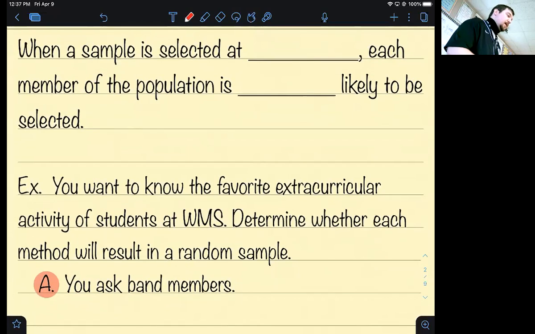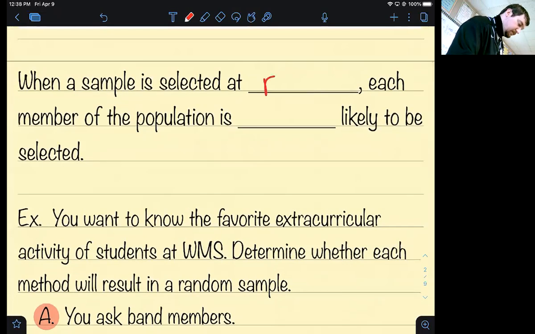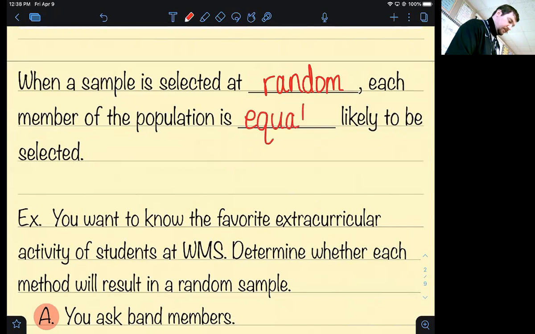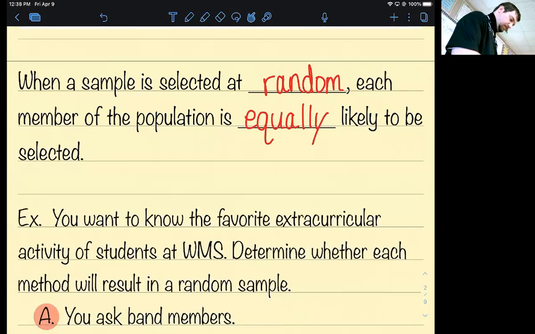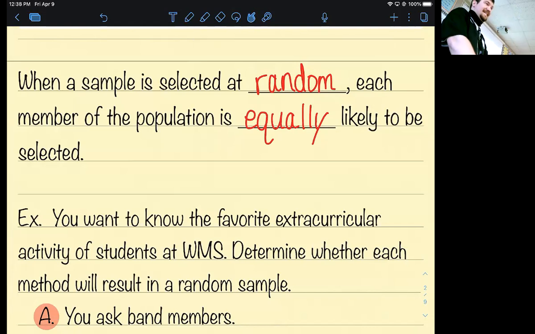When a sample is collected at random, each member of the population is equally likely to be selected. So we like samples that are done randomly. If a sample's not done randomly, that means it's done biasedly. We don't like biased samples.